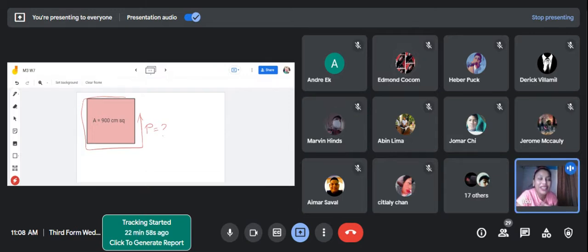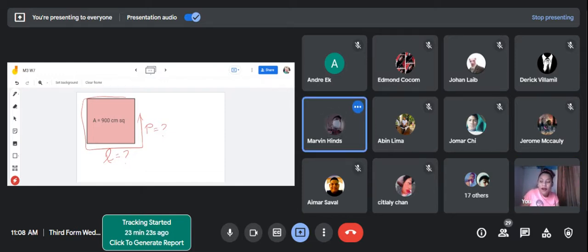The sides. Very good. I need to know the length of one of the sides. I need to know what that length is. Now, the only thing that this question gives me is area. Can I use the area to find the length? Yes or no?